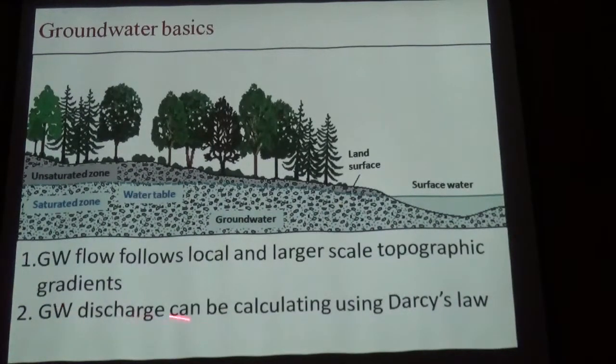Usually they do that using Darcy's law, and this is an example of a water table near shore in the lake, where water flows naturally from high topographic gradients to low topographic gradients.